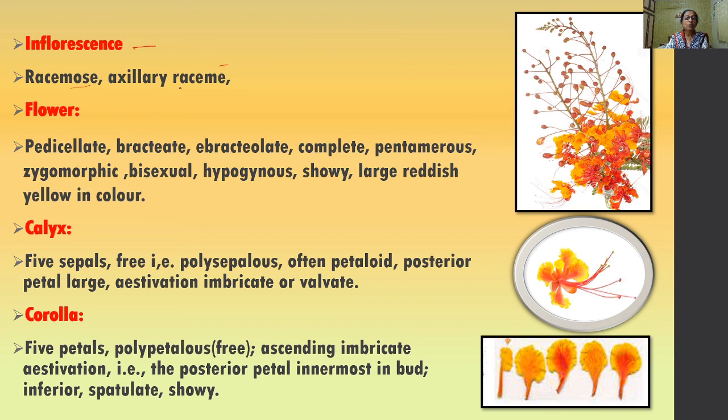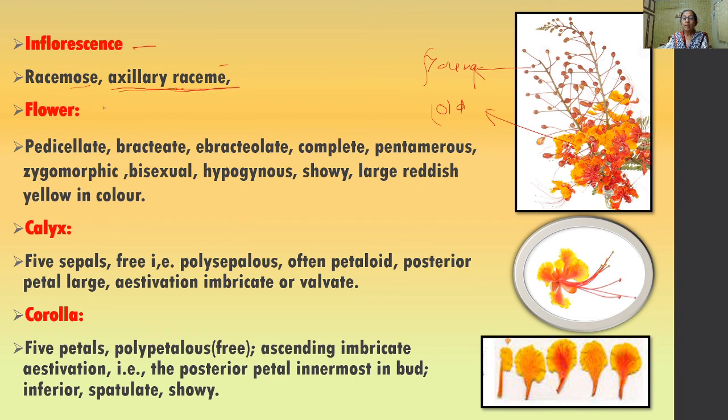Under the racemose, the flower arrangement has younger flowers at the apex and older flowers at the base. So, these are the old flowers and these are the young flowers. This type of inflorescence is known as the raceme inflorescence. As this inflorescence is arising from the axil of the leaf, we call it an axillary racemose inflorescence.